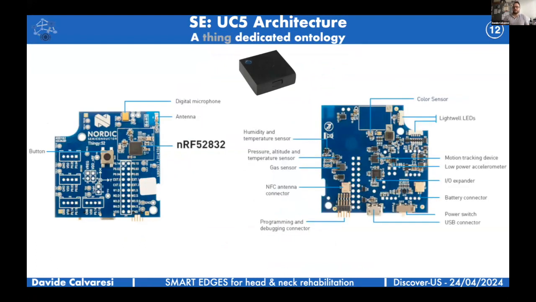Now, clearly we can integrate different types of sensors. The one we prefer to start with is the Nordic Thingy 52. We selected this specific sensor given the number of inputs that it can provide. For example, we can have gas sensor, pressure, luminosity, gyroscope, accelerometer, and so on, so that we can put several hats on this sensor.